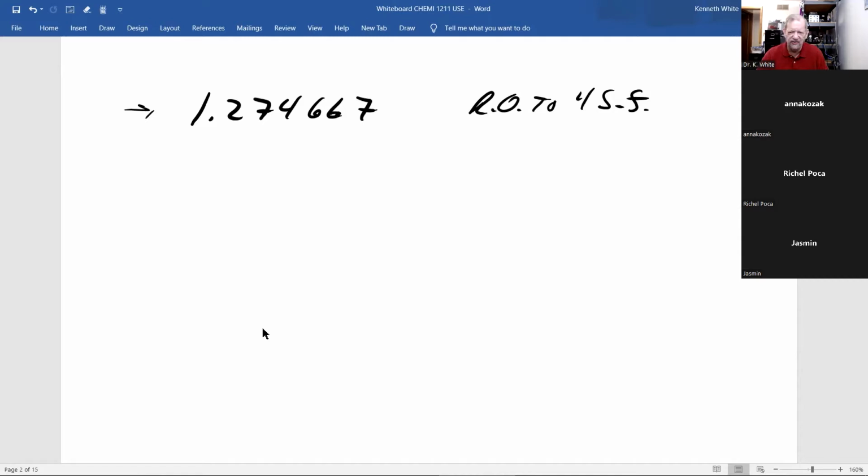All right, let's do this. We want to round it off to 4 significant figures. Keep the 1, keep the 2, keep the 7, keep the 4. That's my 4 significant figures. I'm using the 6 to round off. Is that 4 or less or 5 or higher? Hopefully I'll pick 5 or higher. I'm going to drop all that, increase that by 1, and that's the number you get.